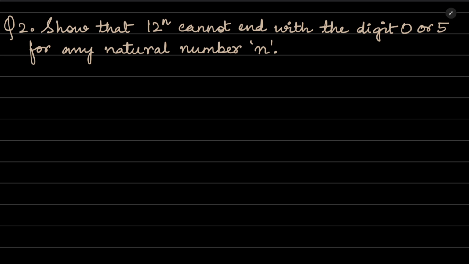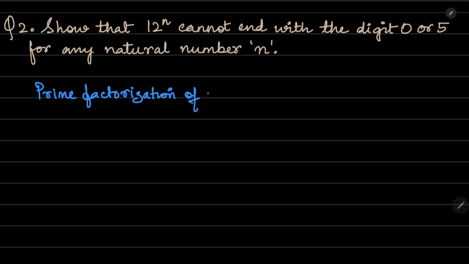Always remember one thing. The prime factorization of a number ending with 0 or 5 will always have 5 as a prime factor. I will write it down for you. This is a point to be noted.